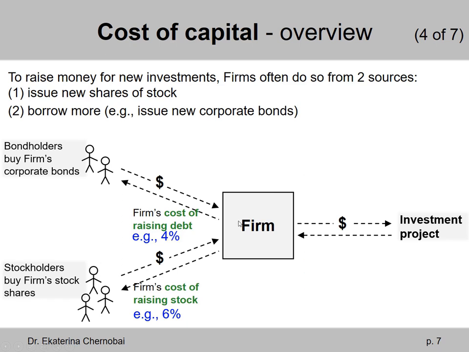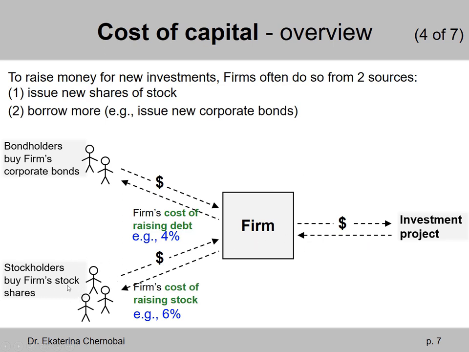So every year, the firm needs to pay 4% back to the bondholders, 4% of the amount that the firm raised from bondholders. And every single year, the firm needs to pay, let's say, 6% of the money that it raised from stockholders by selling new shares of stock.